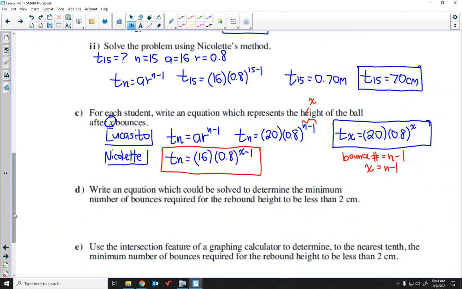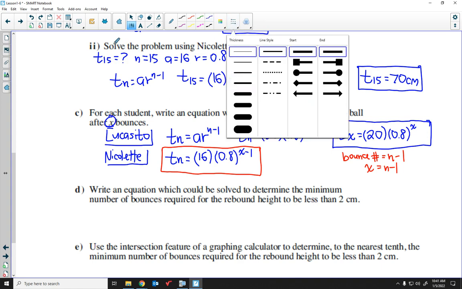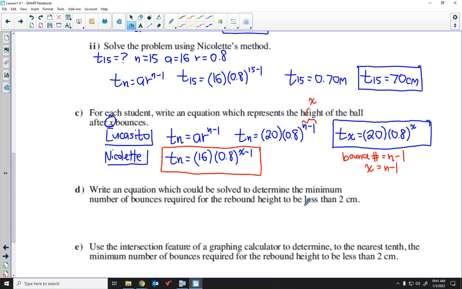D, write an equation which could be solved to determine the minimum number of bounces required for the rebound height to be less than 2 centimeters. Okay, we're not going to worry about the less than part just right now. Let's just say that we want to write an equation that identifies how many bounces are required to have a rebound height of 2 centimeters.